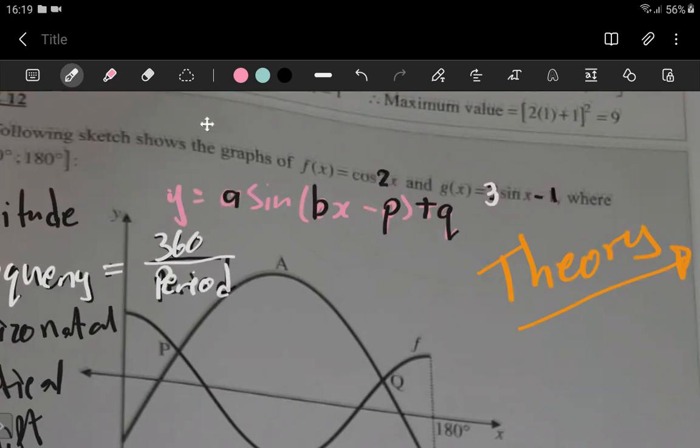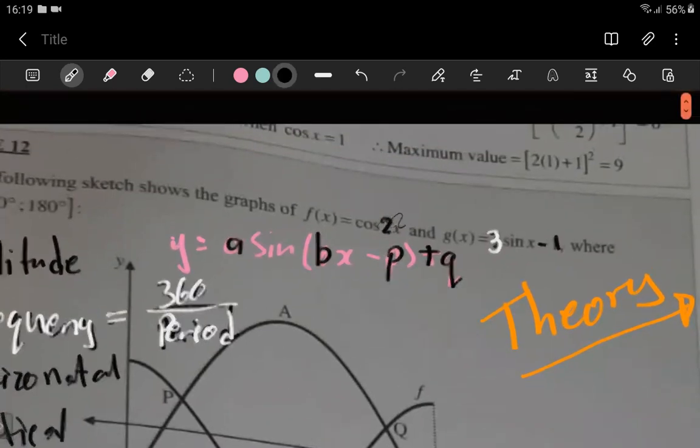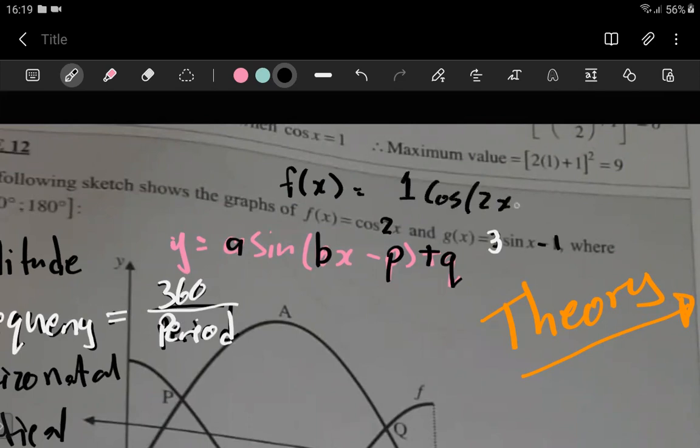If you look at it nicely, what you actually have here is f of x equal to 1 cos 2x plus 0 plus 0. That's how we know that the amplitude is 1, the frequency is 2, there is no horizontal shift, and there's no vertical shift.